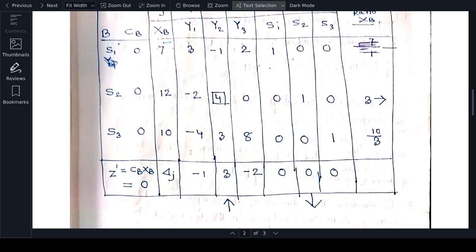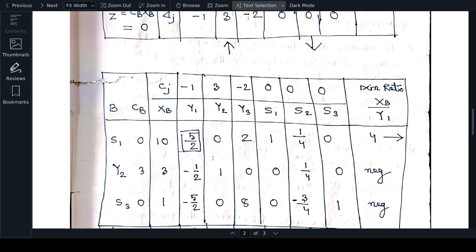So ultimately we get minus 5 by 2, and this is already 0, we can write this one.